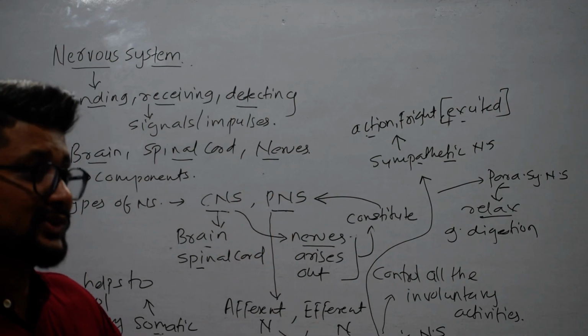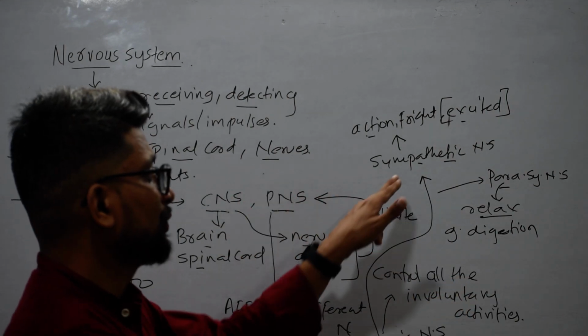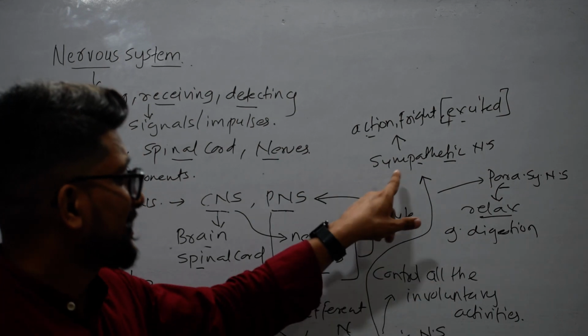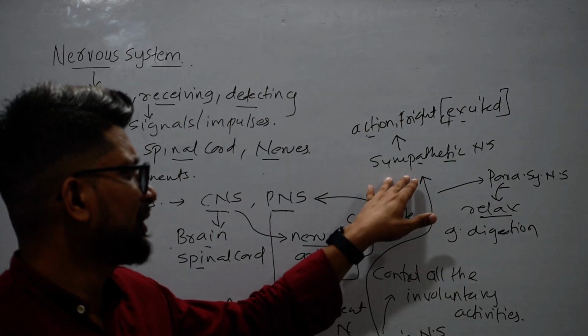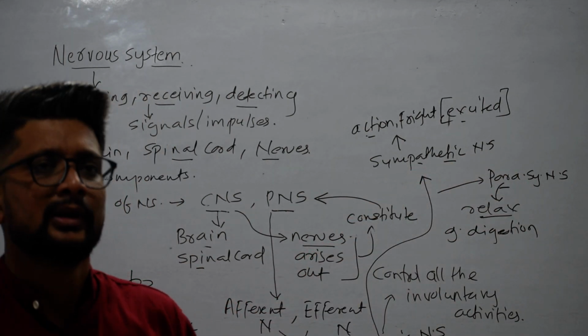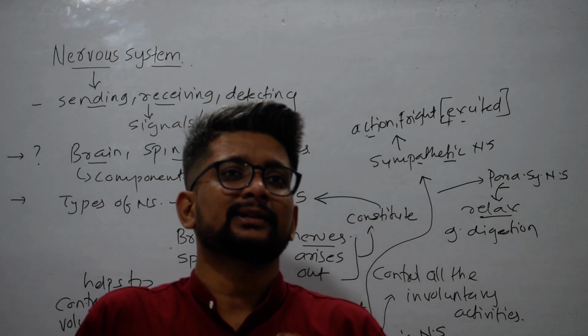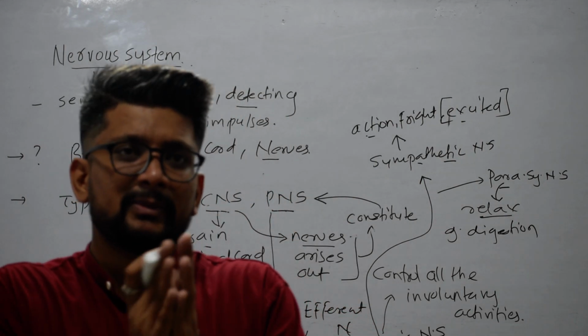Now the autonomic nervous system is also divided into two types, the sympathetic nervous system and the parasympathetic nervous system. Now what is meant by sympathetic and parasympathetic nervous system? If we consider our body state, then there may be two states.